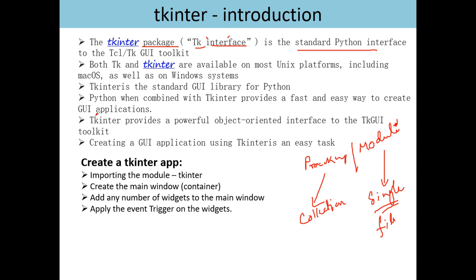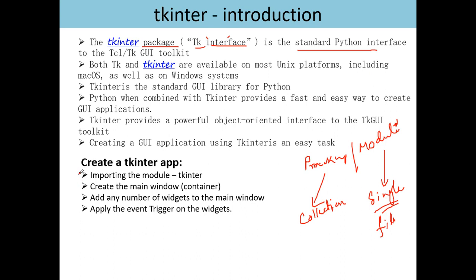So you do not have to, just like in our previous class in plotting, we had to install matplotlib or pyplot or numpy. But here you do not have to install anything because Tkinter is already there, inbuilt. How can we get started with the Tkinter app?